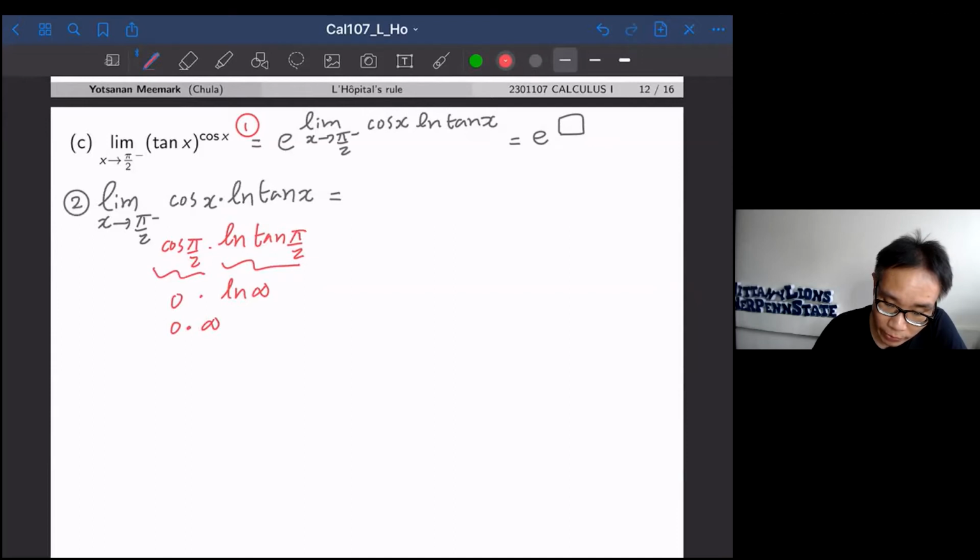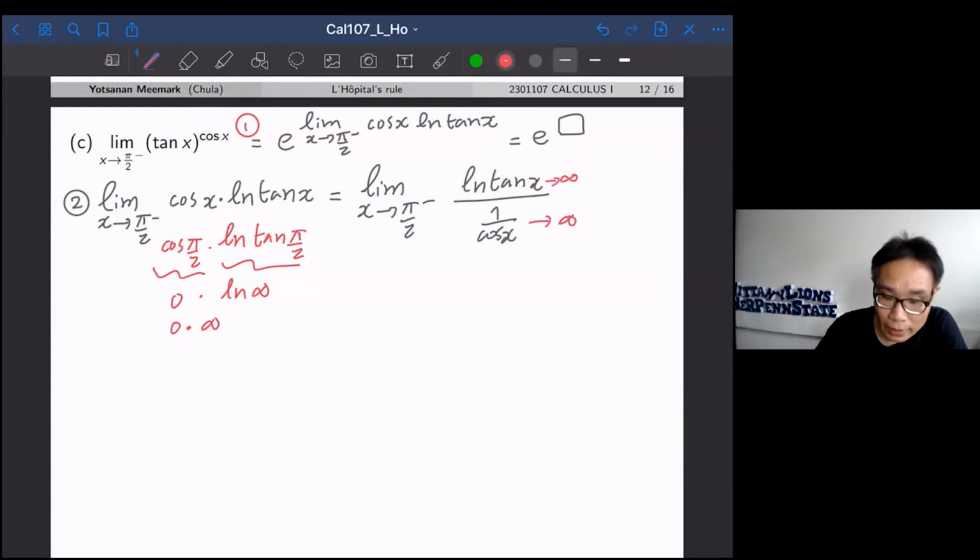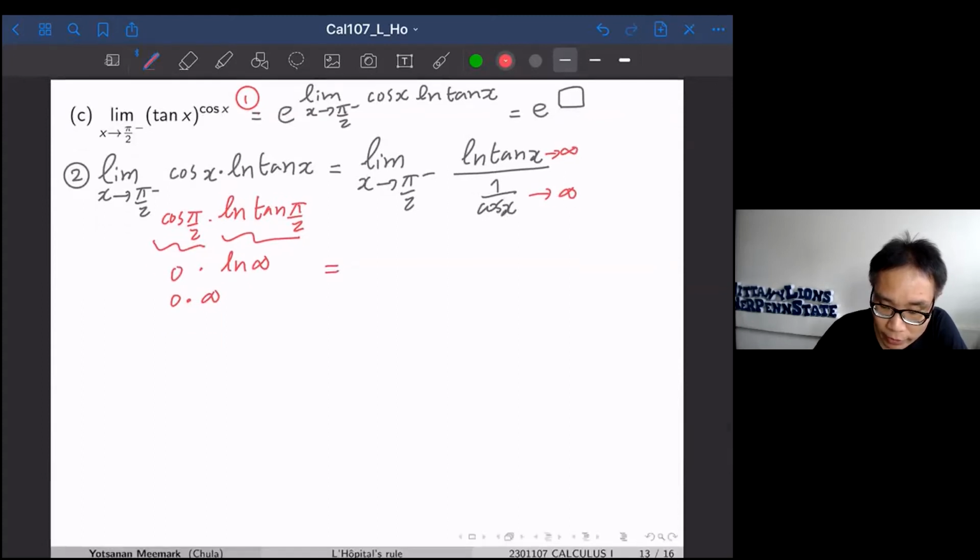After we check this one, we're gonna move cosine to the bottom in order to obtain infinity over infinity. So it's the limit as x goes to pi over 2 from the left of log tan x, and you have 1 over cos x like this. So you would get infinity over infinity, and then you're gonna change this one in terms of the function that you can differentiate easier.